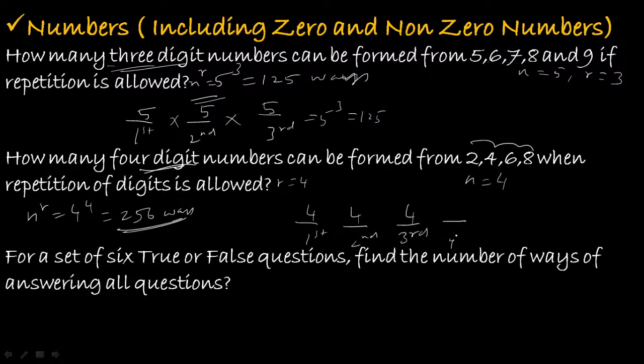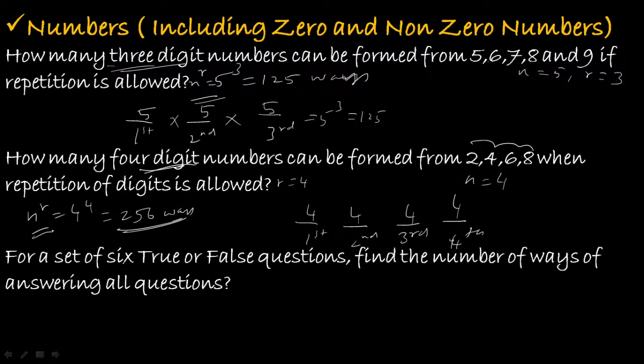So the product gives you 4 power 4, that is 256. This is the basic concept underlying the formula n power r. Don't simply mug up the formula.